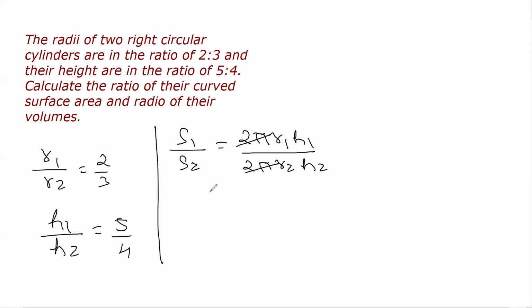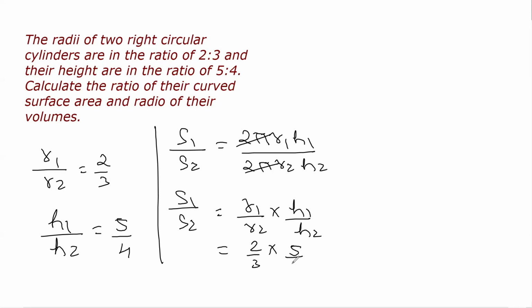Check here, we can cancel 2 pi, 2 pi, and we are getting R1 over R2 multiplied by H1 over H2. From here, we know the value of R1 over R2, and I can replace this with 2 over 3, and H1 over H2 is 5 over 4. This can be reduced, and we get 5 over 6, or you can write it as 5 is to 6.